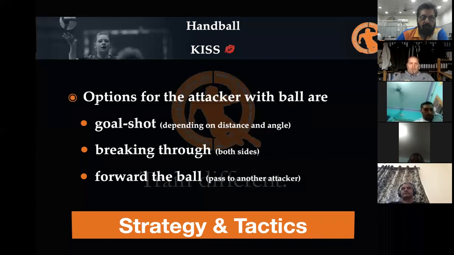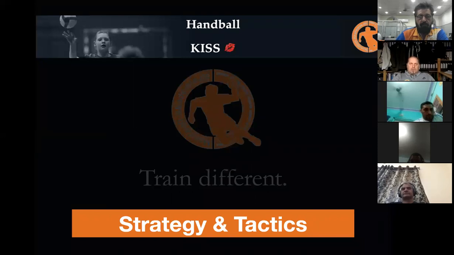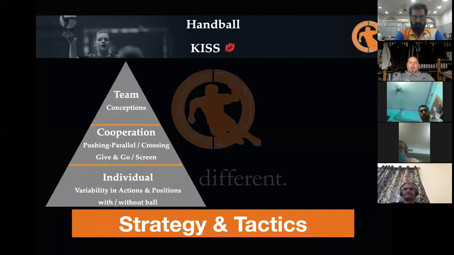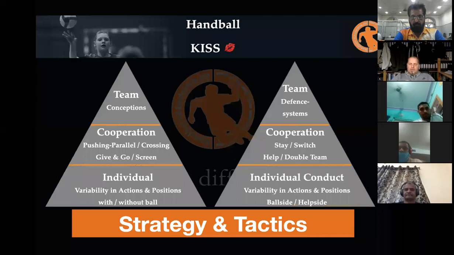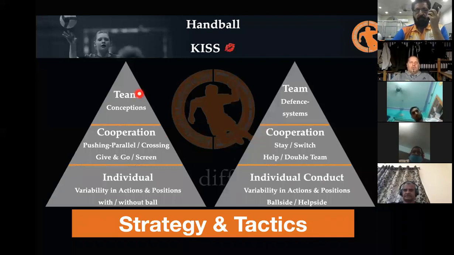Okay, so once again, we come back to two well-known pictures. It's the pyramid in attack and the pyramid in defense. And you can see from those two, it's always the same structure: individual as the basement, cooperation on the second floor, and the top of the pyramid is the team play.